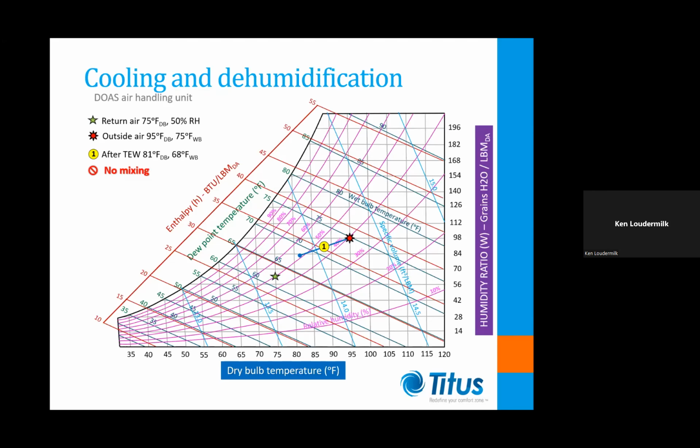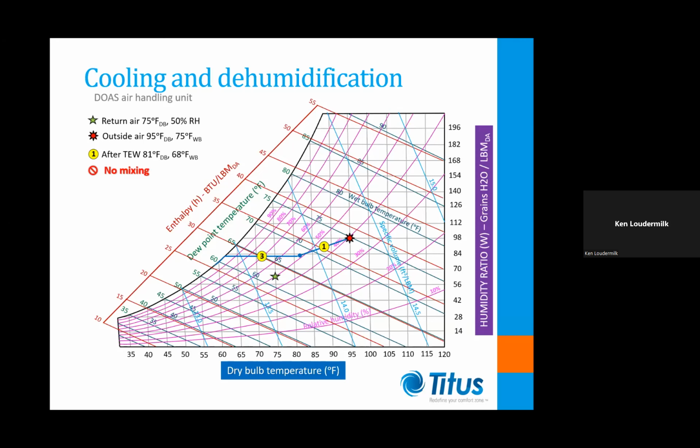Now let's look at the cooling and dehumidifying process within a DOAS air handling unit. As we've eliminated mixing with return air, the airstream conditions entering the cooling and dehumidifying coil are identical to those leaving the total energy wheel. Upon entering the coil, the air is first cooled to its dew point temperature.